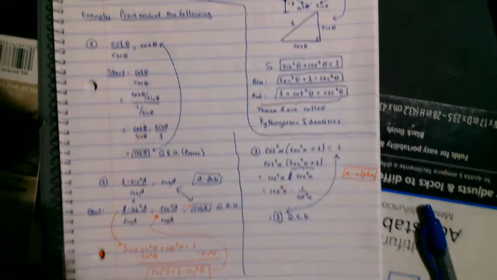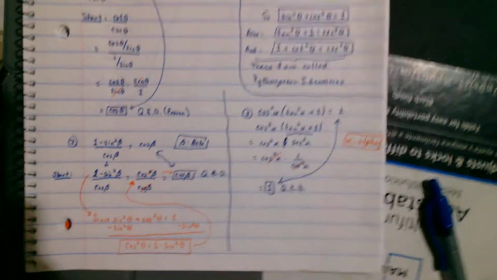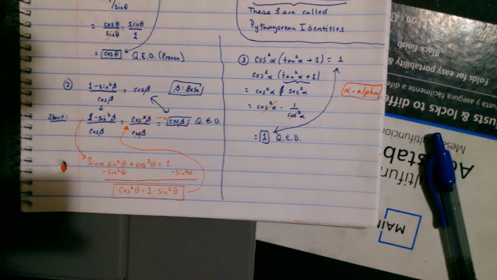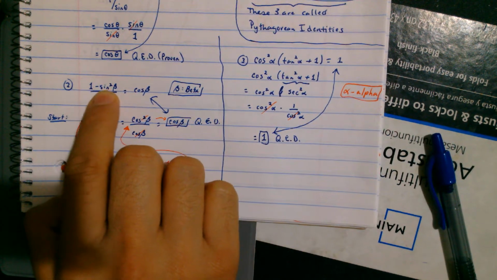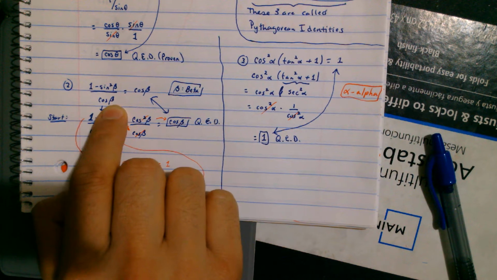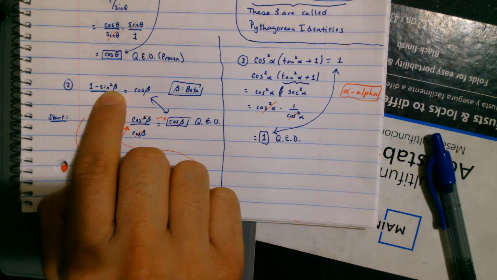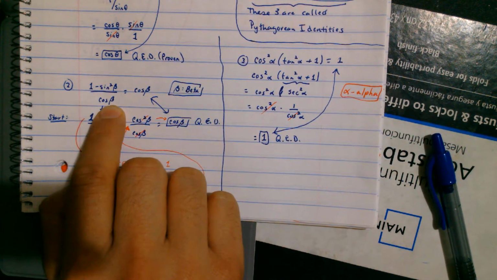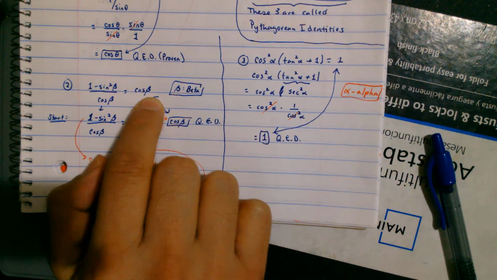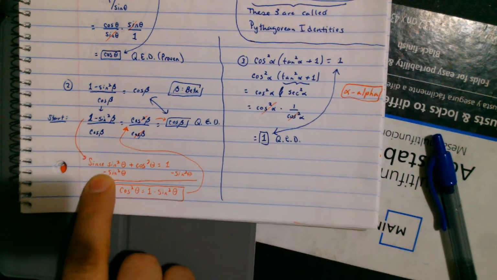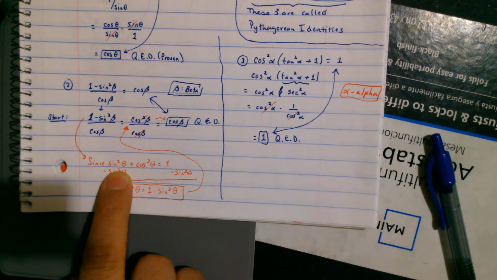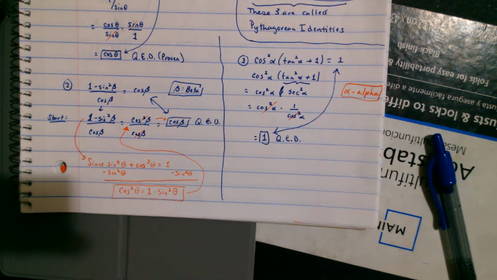So number 2 here, if I may: 1 minus sine squared beta divided by cosine beta equals cosine beta. Now, sine squared theta plus cosine squared theta equals 1.